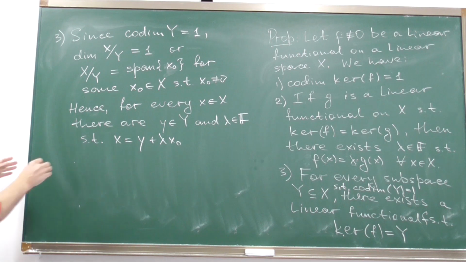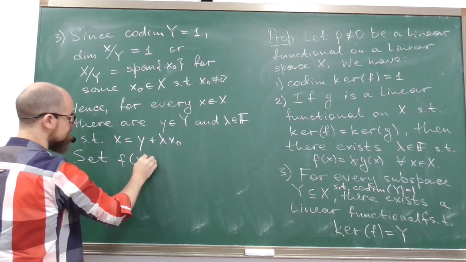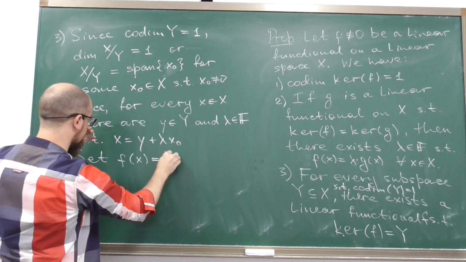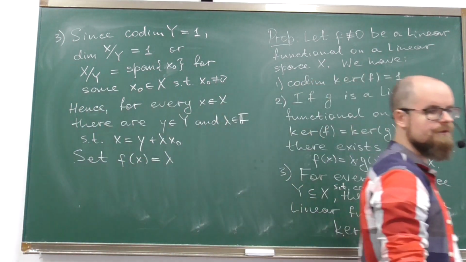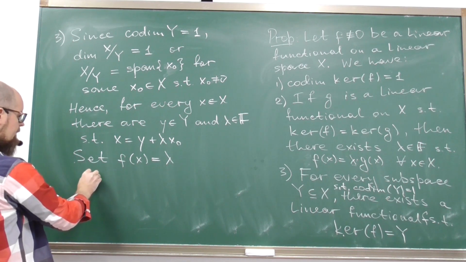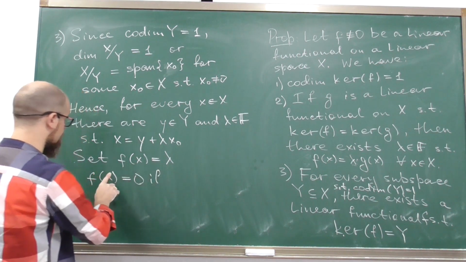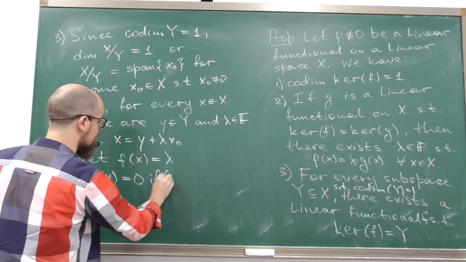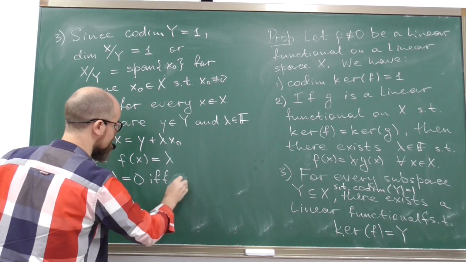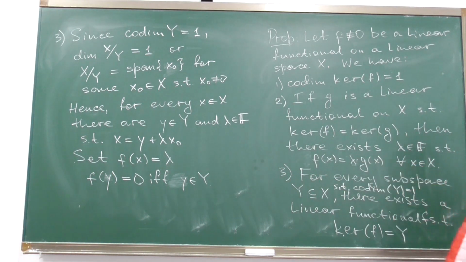And what is left to do is to set f of x to be lambda in this representation. From this definition, it is straightforward that f of x equals 0, or rather f of y equals 0 if and only if y belongs to the capital Y. Which means that the subspace Y is the kernel of f. The linearity of f is straightforward from the definition.